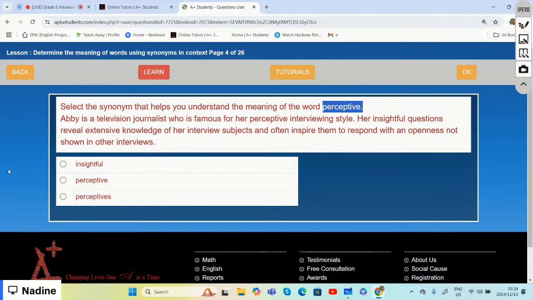It says Abby is a television journalist who is famous for her perceptive interviewing style.